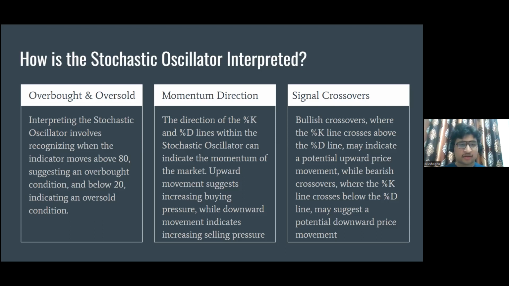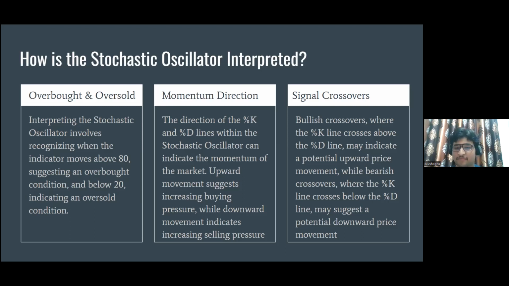Then the momentum direction: using the percentage K and percentage D lines, we can definitely look into the momentum direction. Upward movement suggests that we have a buying pressure, people are buying more and more, and downward momentum suggests that the selling pressure is increasing, meaning that people are selling more and more. Then there are signal crossovers also.